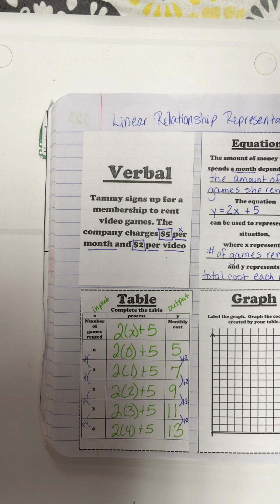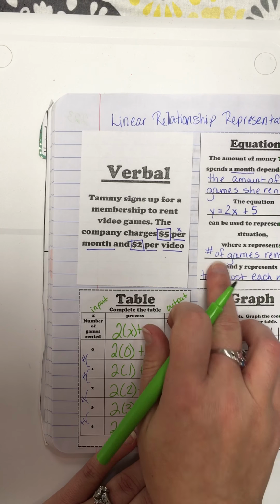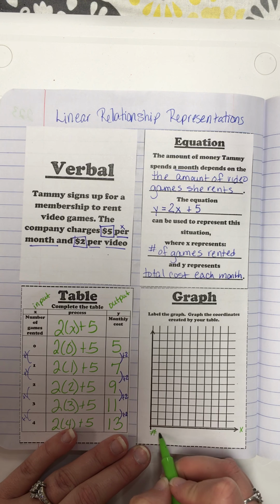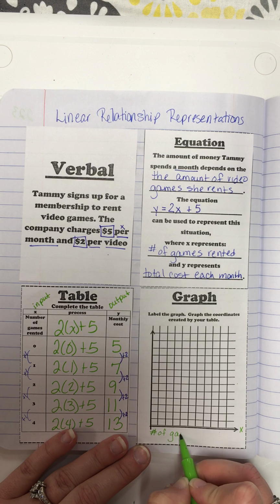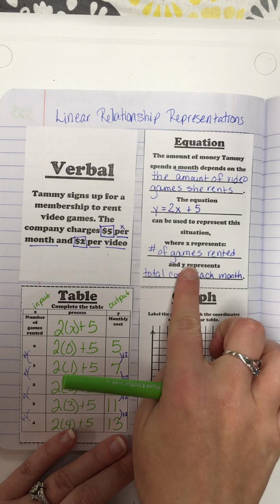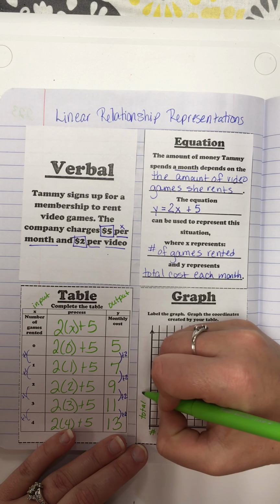Okay? So when we go to graph this, we always do which variable first. It should be the x variable first, right? So my x is, if we look up here, number of games rented, and according to our top part, we said that the y was the total cost per month.